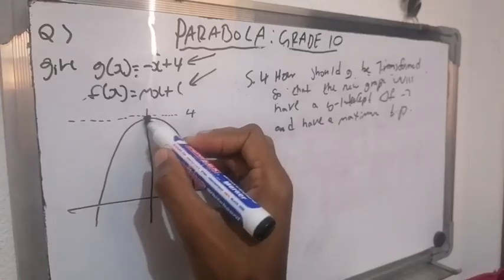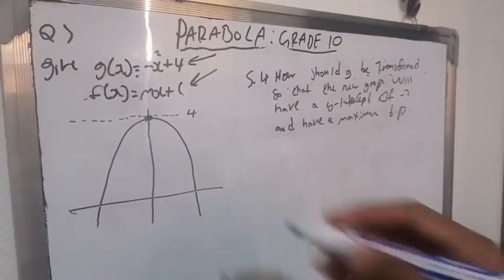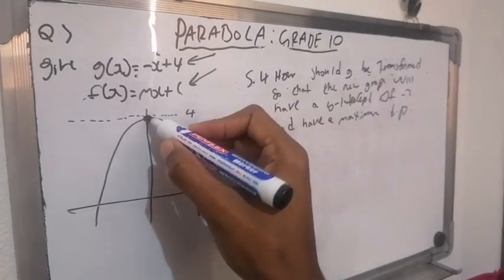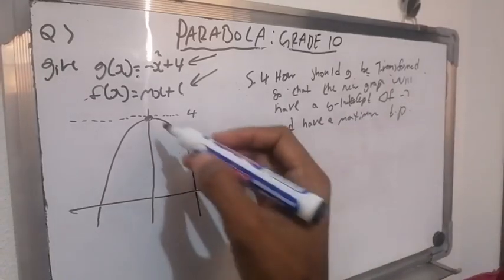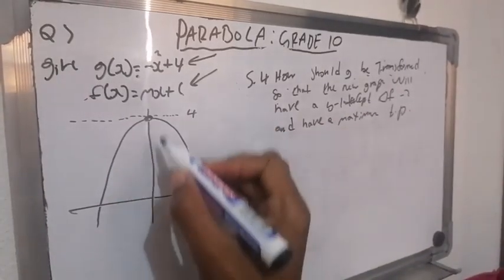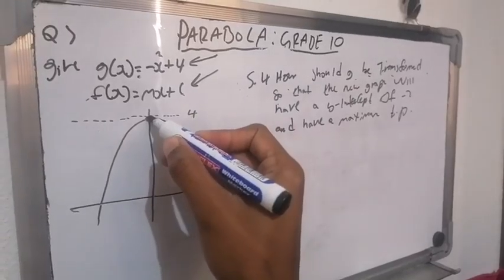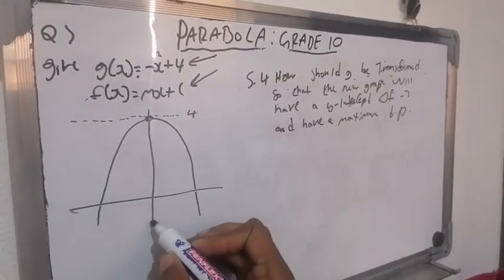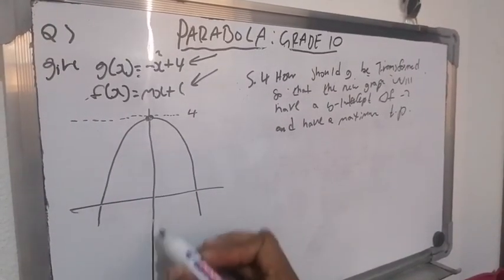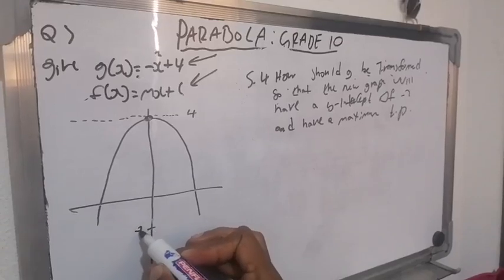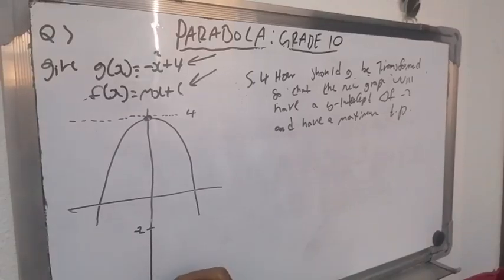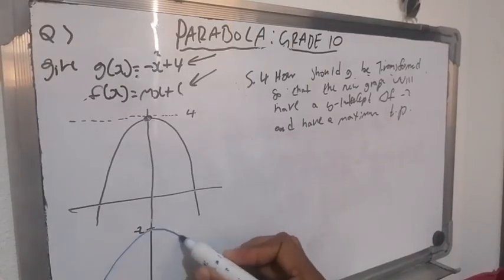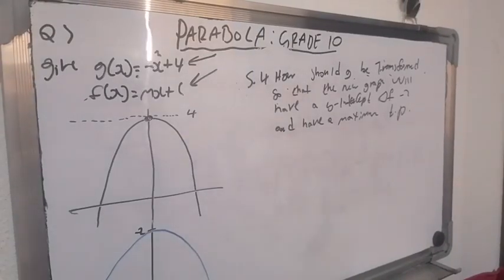Remember, this is your y-intercept. So imagine you are at 4 and you need to go to -2. That's what it means. So suppose this is -2. That means your new graph will look like this.